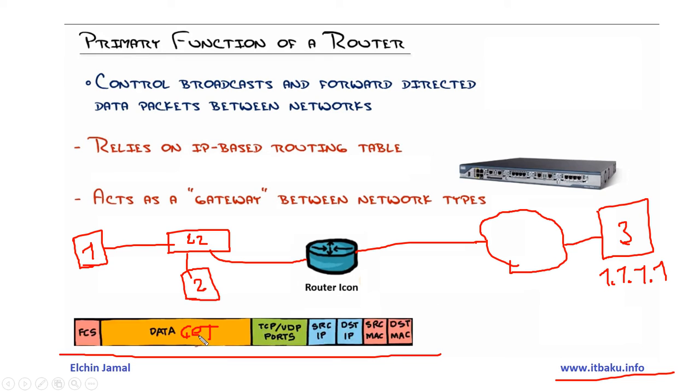The computer puts the source IP address, which is the computer's own IP address, for example 10.1.1.1, and the destination IP address, which will be the web server's IP address, 1.1.1.1.